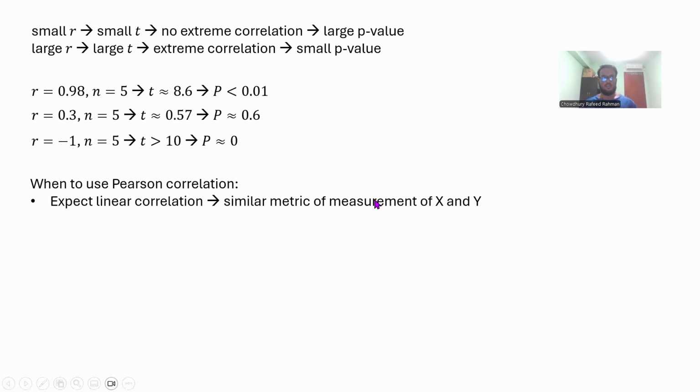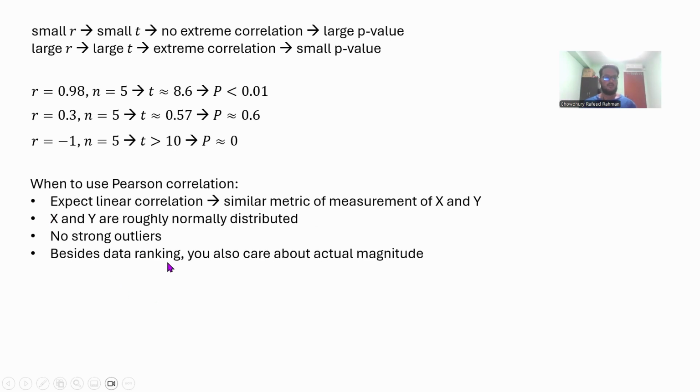If you have similar metrics of measurement and you expect a linear correlation, then you should use Pearson correlation. Also, x and y should be roughly normally distributed. I think this is an extremely important point, and many people forget about it. If this is not true, then you should be using Spearman correlation instead. Also, there shouldn't be any strong outliers, because as you saw before, we are trying to fit a straight line, and a straight line is very susceptible to strong outliers.